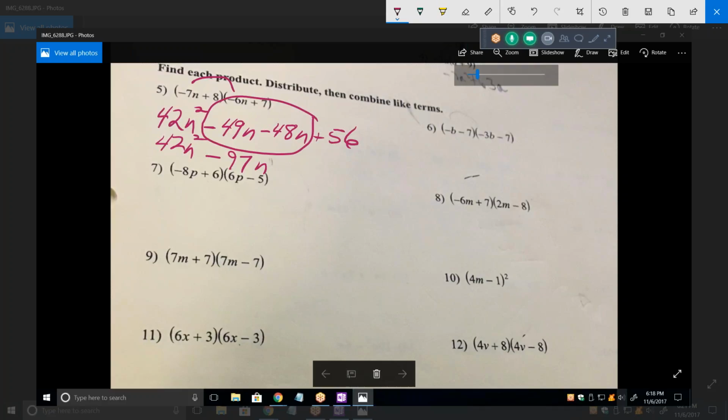What's happening is you're getting addition and subtraction confused with multiplication. If I multiply n times n, I get n squared. If I add n, I get 2n.